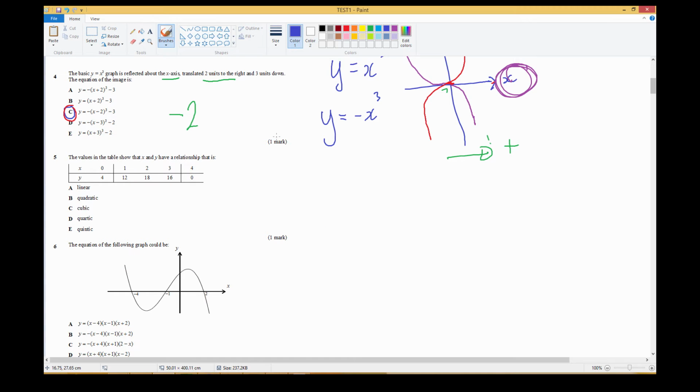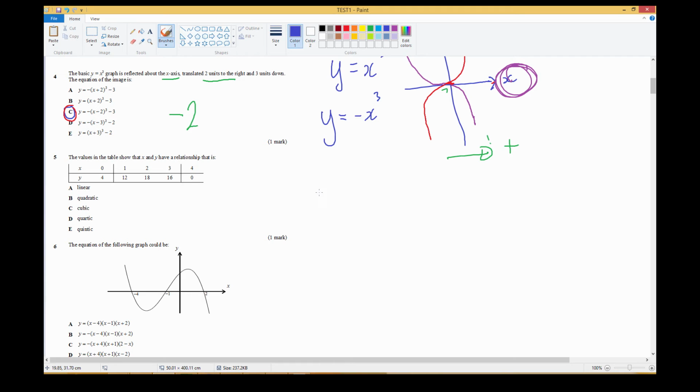So in question 5, we basically have to do a finite difference, and we'll see how many steps it takes before the differences are the same, and this will tell us what order the function is going to be. Right, so we start with 4 and 12.